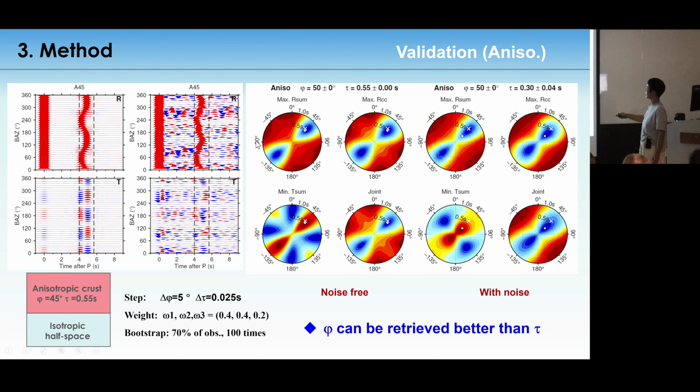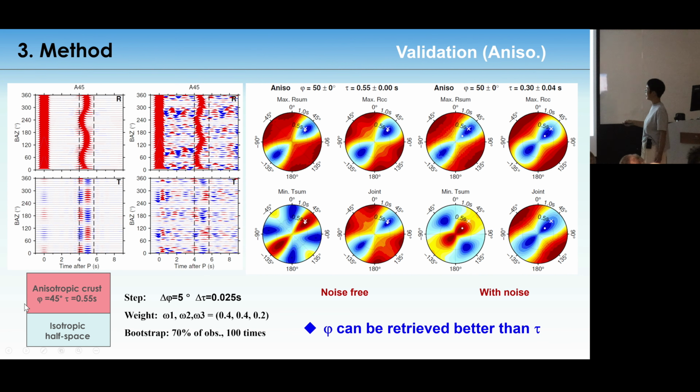And the radius corresponds to the delay time. So from this plot, this is for the first objective, the second objective, and the third, and this is the joint. These are the final results of the JOF for the case without noise. And here is the result for the case contaminated by noise.